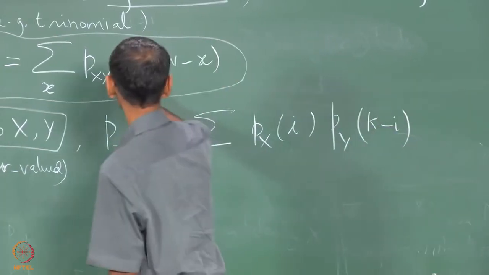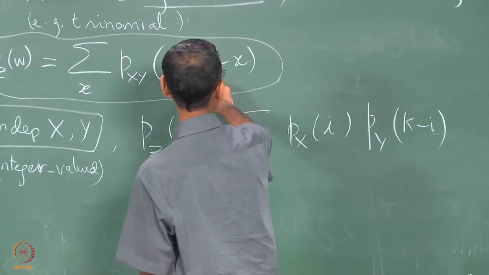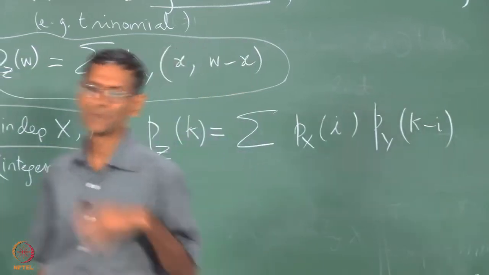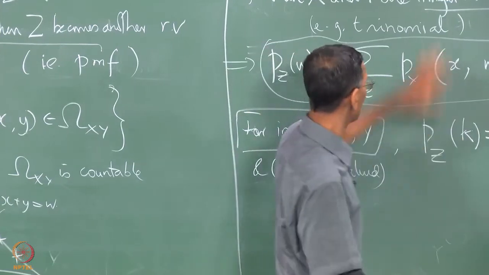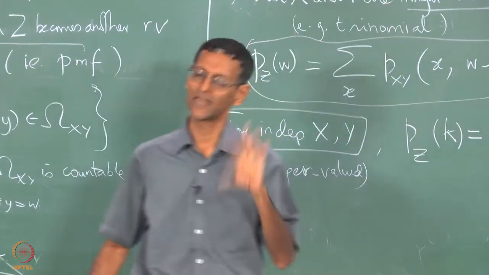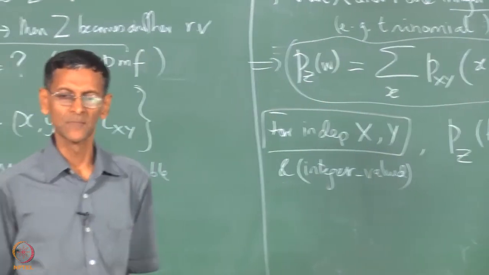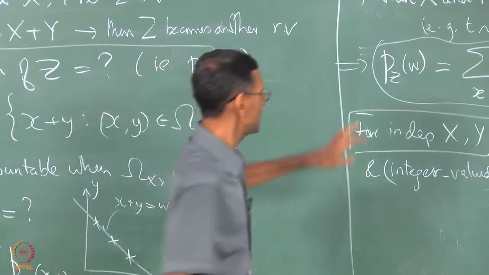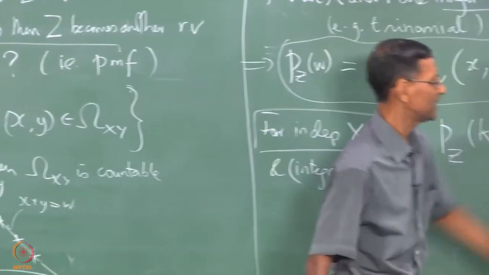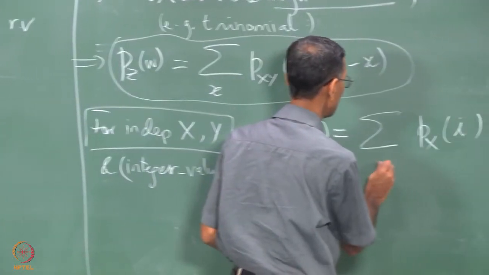In other words, I am writing i in place of x and k in place of w. I wanted to do that only after saying they were integer valued. Before that, it's better to keep it as x, y, whatever. But once I say they're integer valued, I can write this, and the summation will be over values of i.